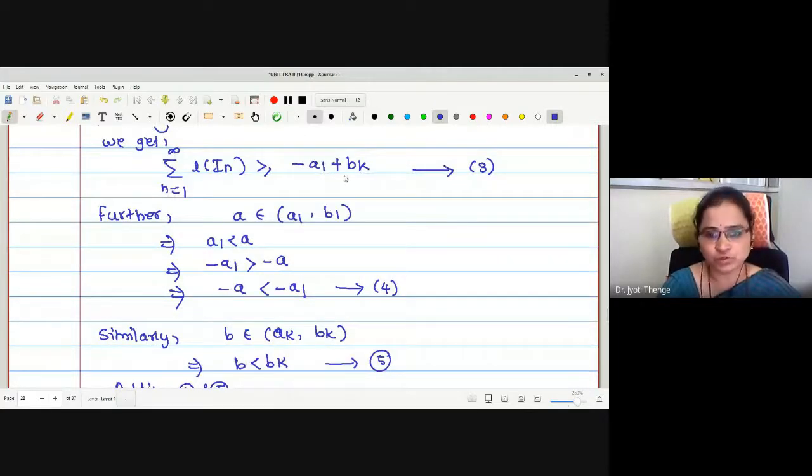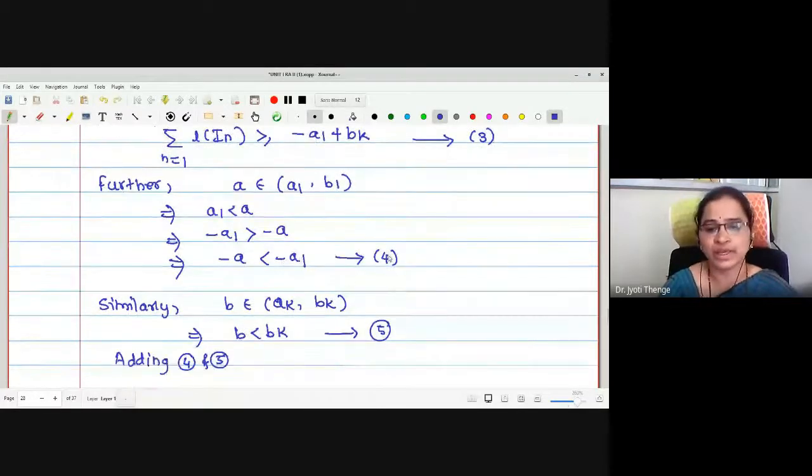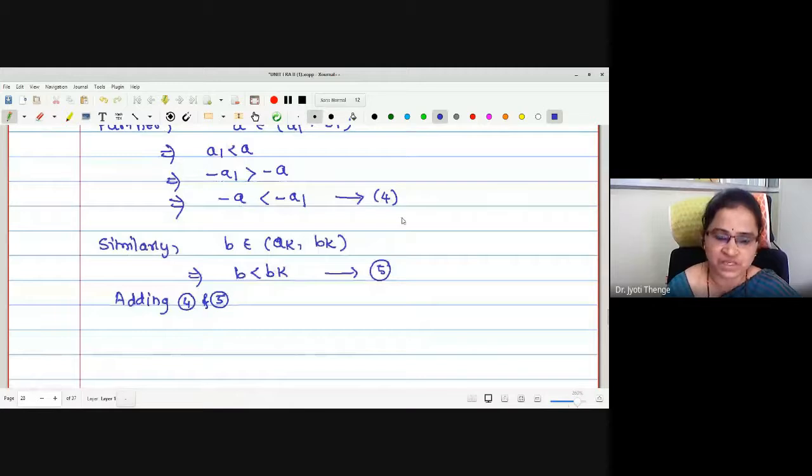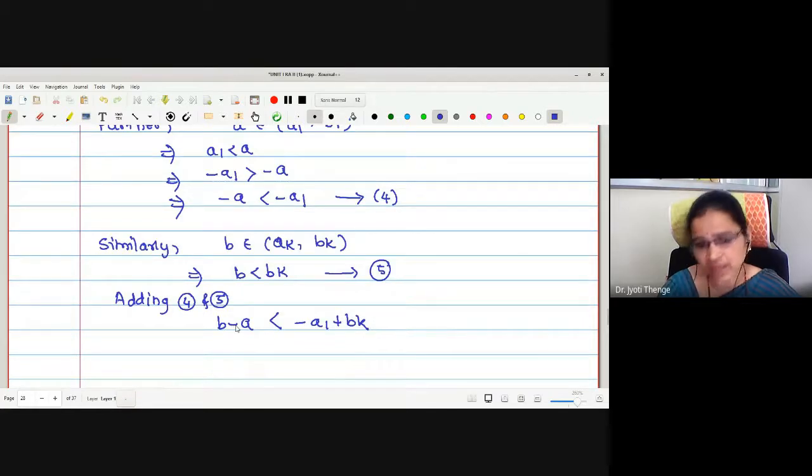Our aim is to find the relation of this value with the length of the interval. In order to find this, we have written the two equations 4 and 5. If I just add 4 and 5, what will happen? Addition, na? Minus A plus B. Can I write B minus A strictly less than minus A1 plus BK? Okay, now here we have obtained that minus A1 plus BK is greater than B minus A.